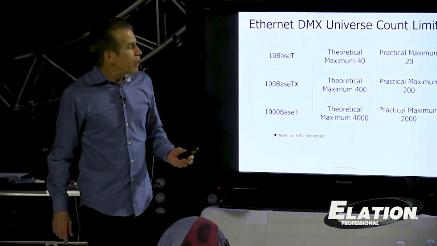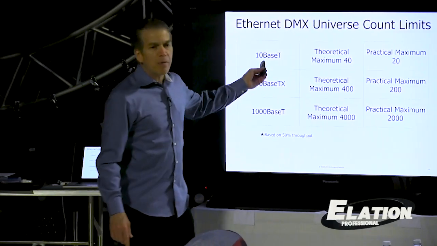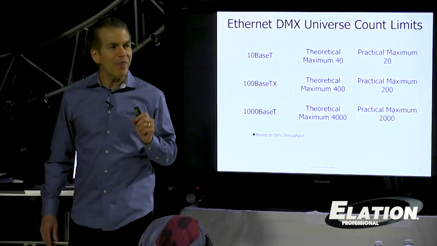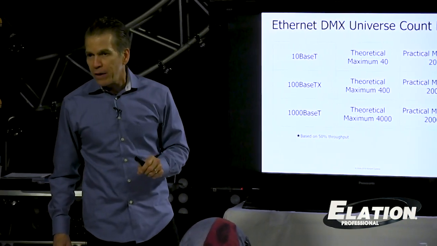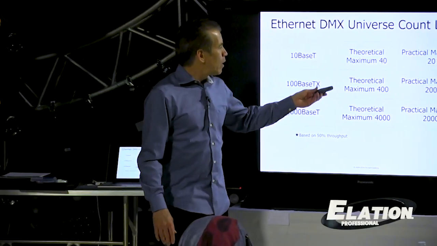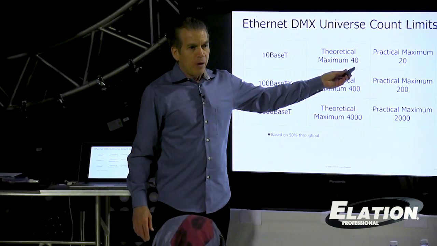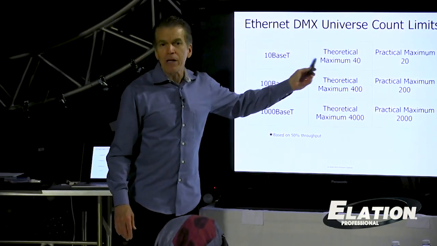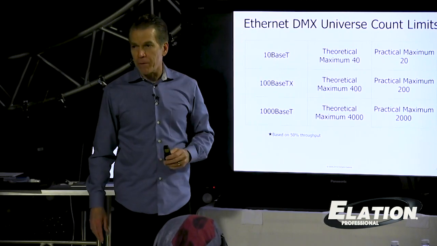Now, in theory, if this is 10 megabits per second, DMX is 250,000 bits per second. So if you just do the straight math, that will give you 40 universes. So in theory, you should be able to transport 40 universes of DMX using a 10 base T network.